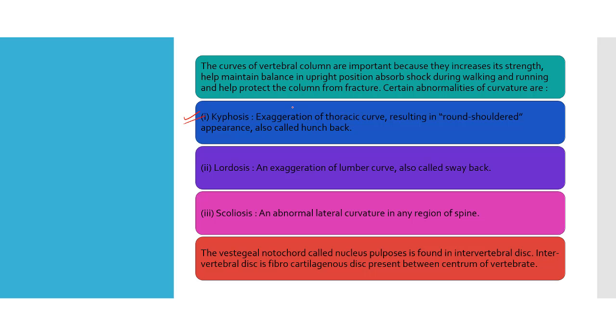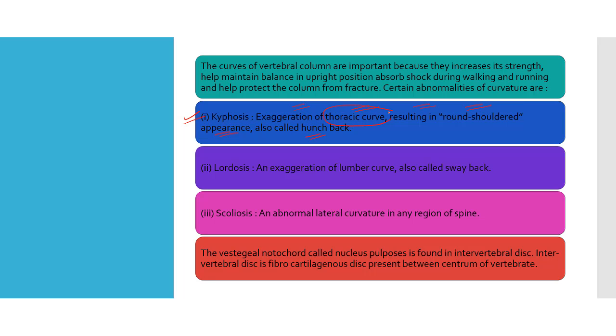Kyphosis is exaggeration of thoracic curve resulting in a rounded shouldered appearance, also called humpback. Okay, the thoracic curve becomes more prominent, resulting in the shoulder going round, also called humpback. Thoracic curve, very important.